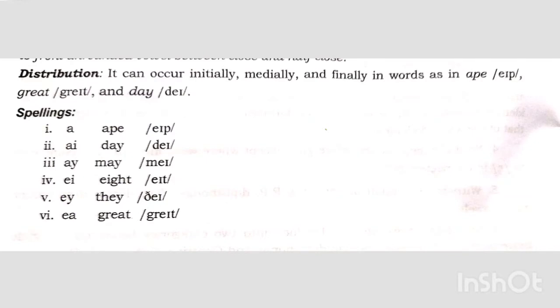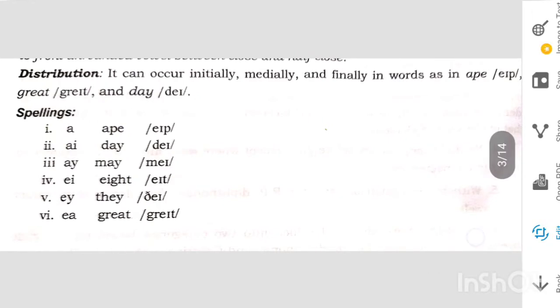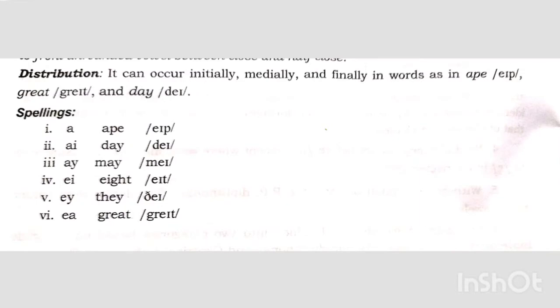Spellings you can see here in the word ape. A represents the vowel sound or the diphthong A, and in the word day, it is not AI, this is wrong, it is AY.